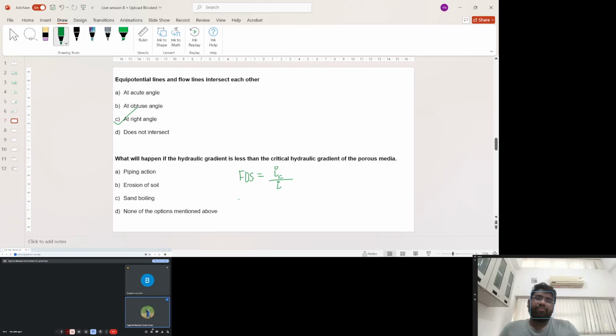Now if FOS is greater than 1, then safe. If FOS is less than 1, unsafe. And FOS equal to 1, it is critical.